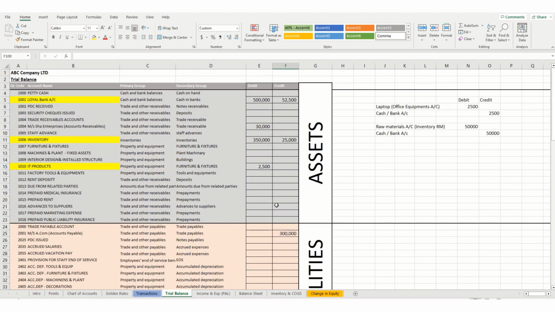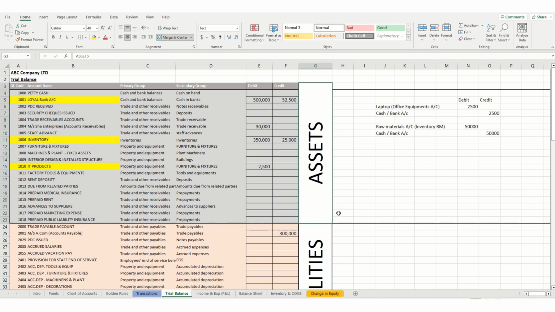So this is how you are going to create and post a journal entry. This will help you to understand how and when these amounts affect the trial balance, income and expenses, or profit and loss account, and the balance sheet. In these two entries we have just created, there are no effects on any other categories of the trial balance.